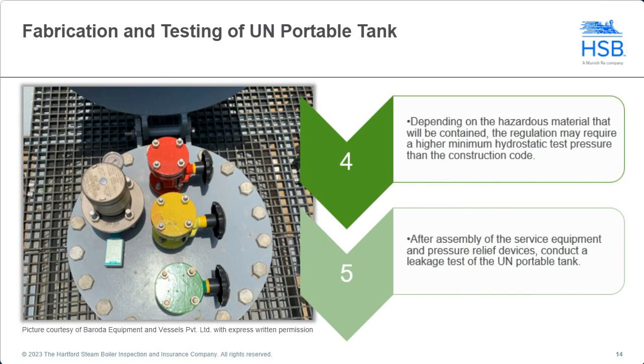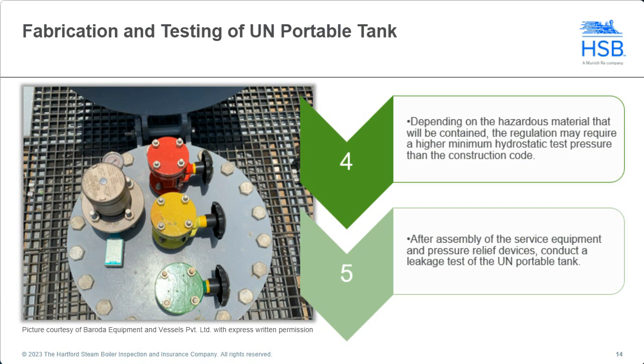So an example: 49 CFR may have a minimum hydrostatic test pressure which is higher than the minimum calculated pressure for ASME Section 8 Division 1. So you want to make sure that you're testing it to the higher pressure, so you cover both requirements.